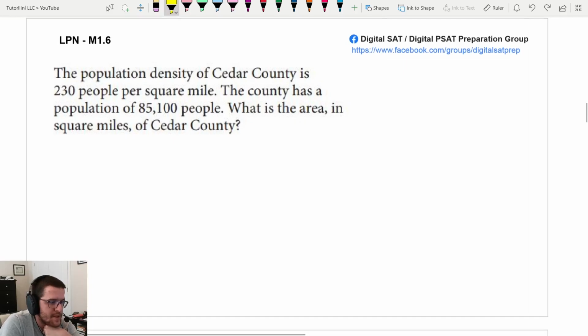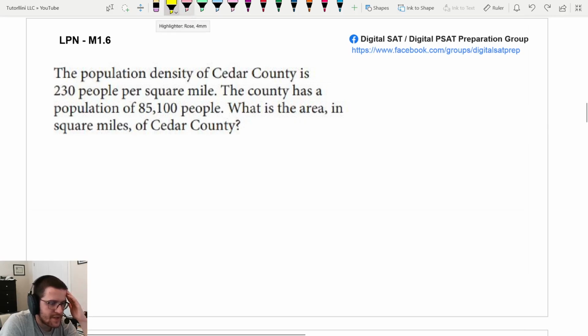Okay, population density is 230 people per square mile. The county has a population of 85,000 people. What is the area? Okay, so you could treat this like a unit conversion.